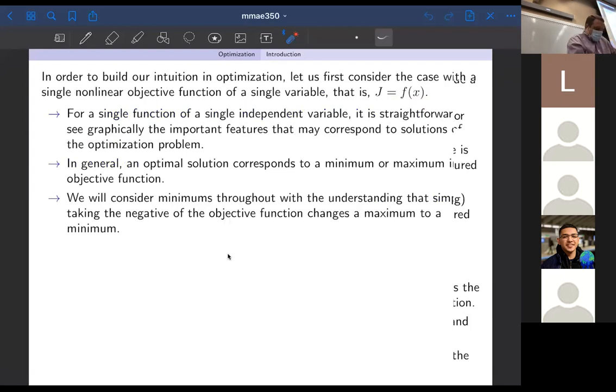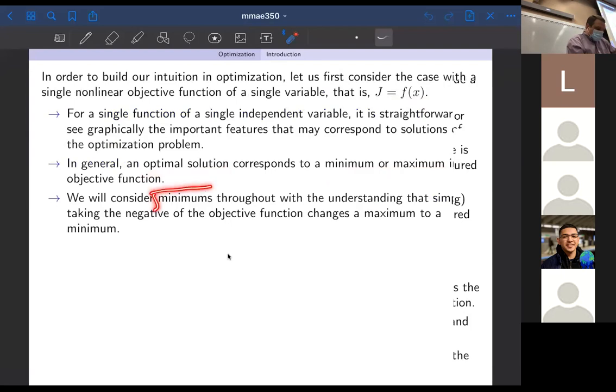Again, the connection here is that what we're looking for physically is the optimal solution, the best way to accomplish something. Mathematically, that corresponds to either a minimum or a maximum in the function. That's the connection between the physics and the math.